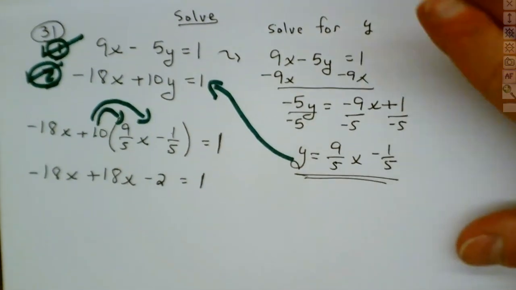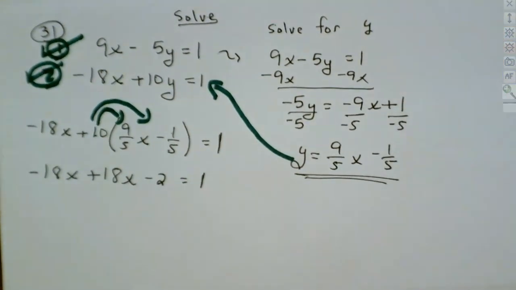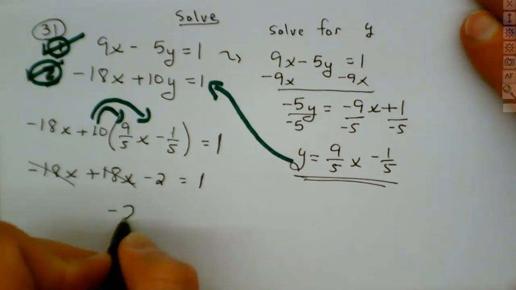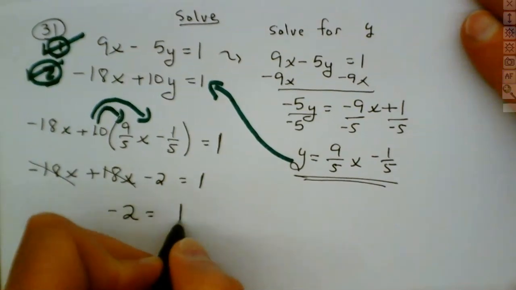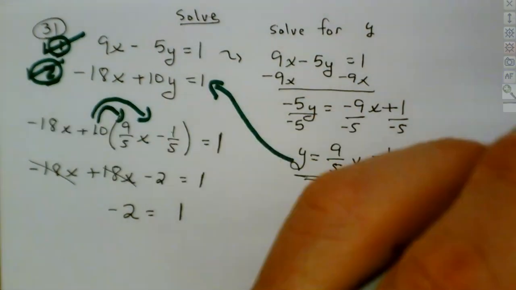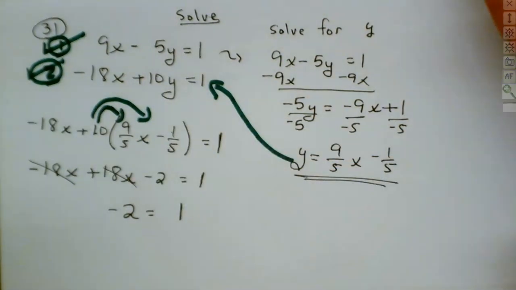What's different about this one versus the others? Well, what's going to happen to the 18x's then? One is positive, one is what? Negative. So these go together and they're gone. So what are we now left with? We are left with -2 equals 1. And can this happen?